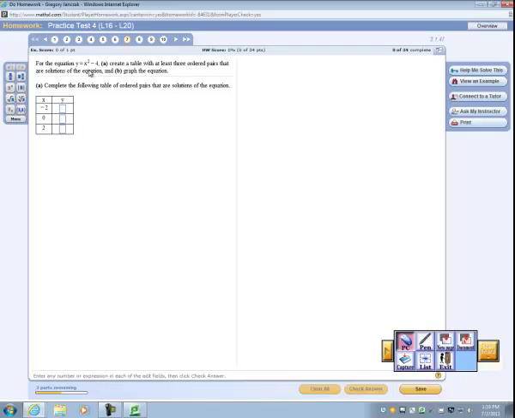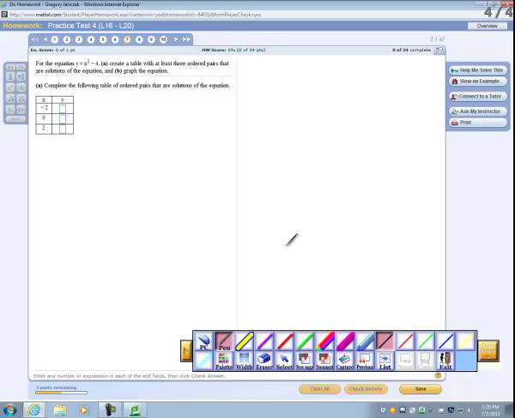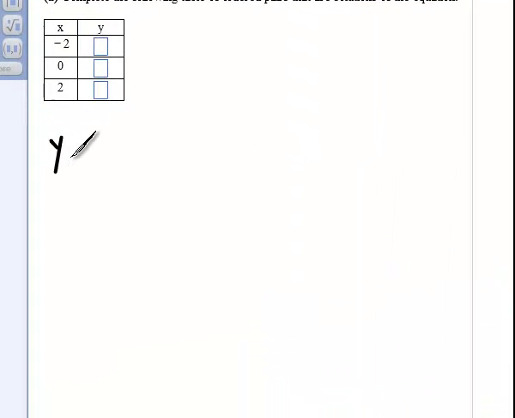For the equation x squared minus 4, create a table. Here they give you the x values. All you've got to do is find the y values. So how do we find that? Plug those values in, right. So this would be y equals negative 2 parentheses squared, and then minus 4.